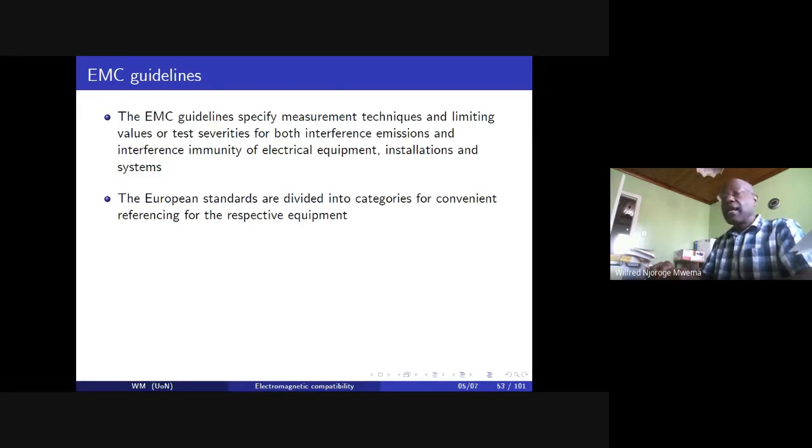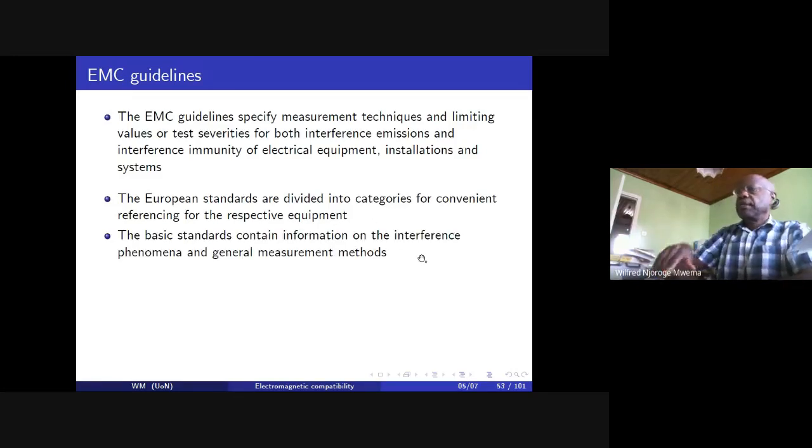Like I mentioned yesterday, Kenya is a member of the International Electrotechnical Commission, and therefore most of the standards developed by the International Electrotechnical Commission will be adopted into a Kenya standard that is maintained and guided by the Kenya Bureau of Standards.